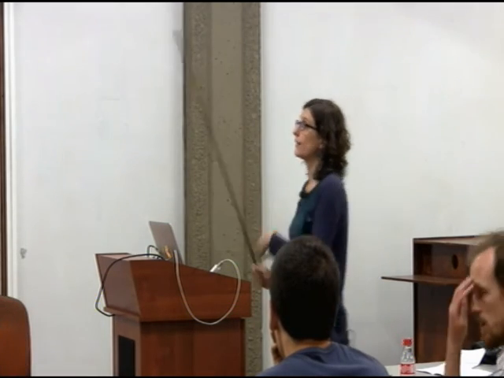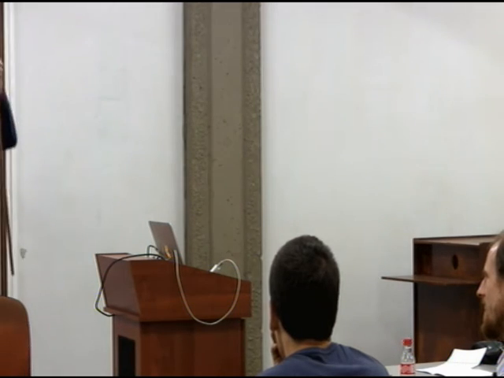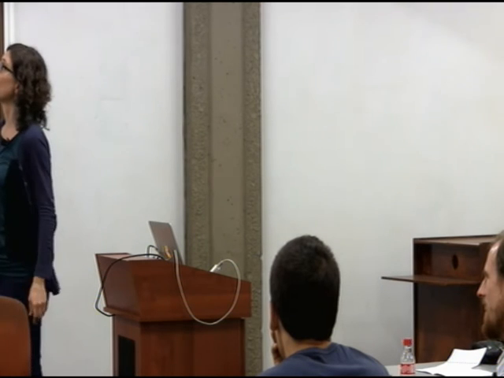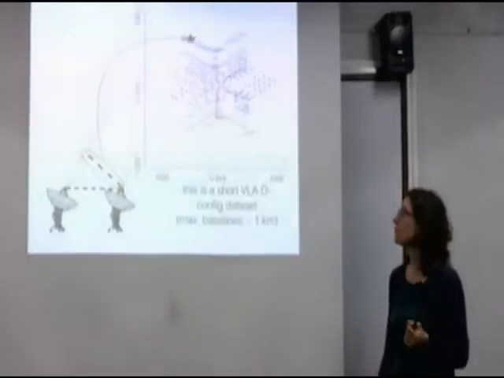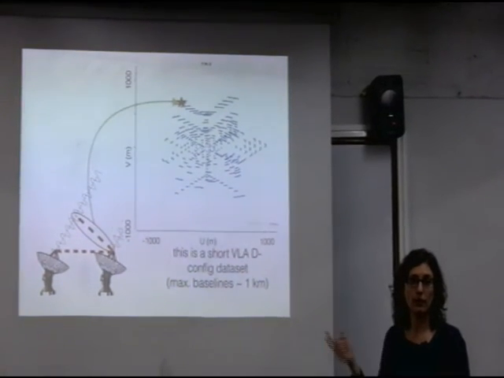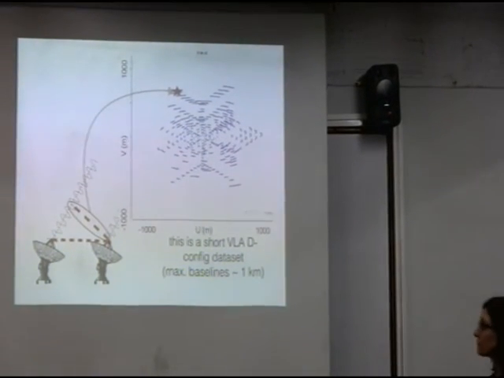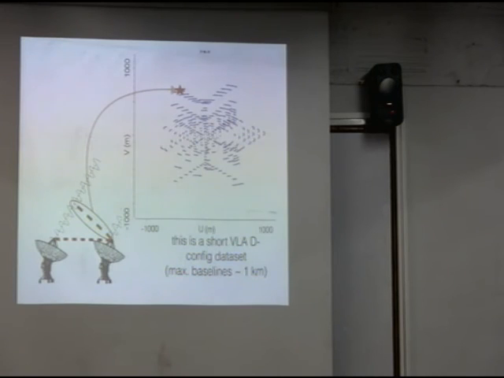This one is the VLA, which has a Y shape, and as the Earth rotates, you fill the UV plane this way. So it depends on the configuration of the array, so you will recover the UV plane differently.